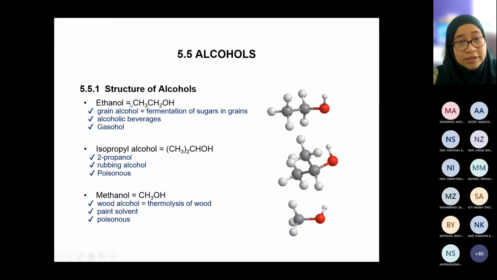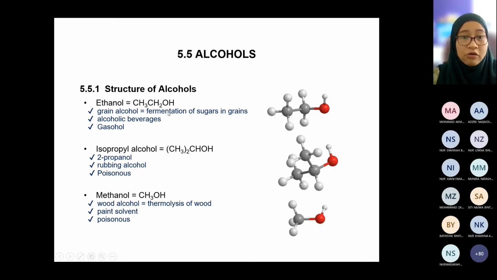So for example, these are the common alcohols that we normally see, or normally use at home or at school. Ethanol can be produced from grain, obtained through fermentation of sugars in grain.